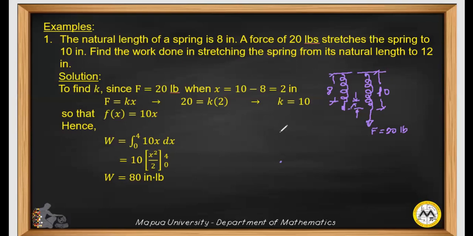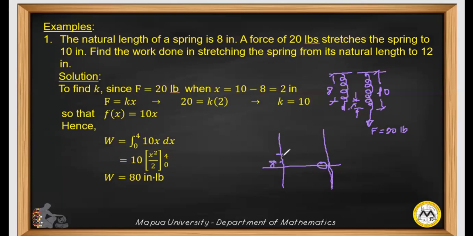Okay, so the best thing to do is, this is the natural length 8, and this will be equivalent to 0.